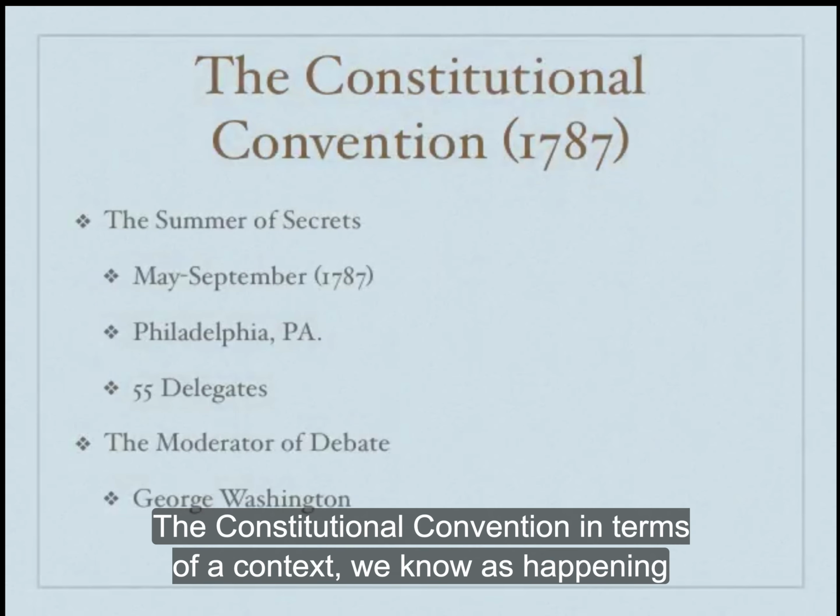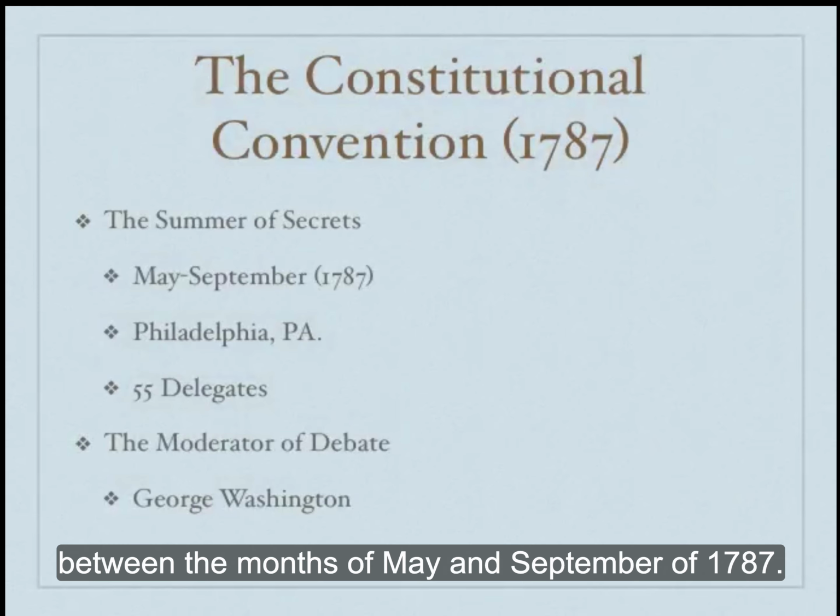The Constitutional Convention, in terms of context, we know as happening between the months of May and September of 1787.